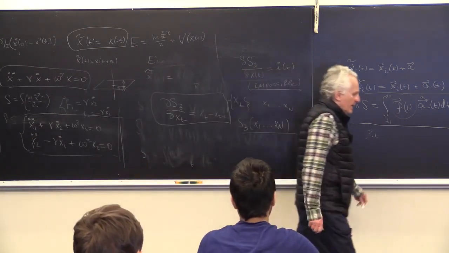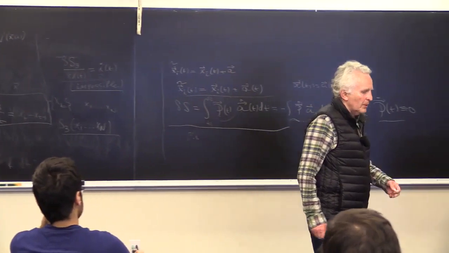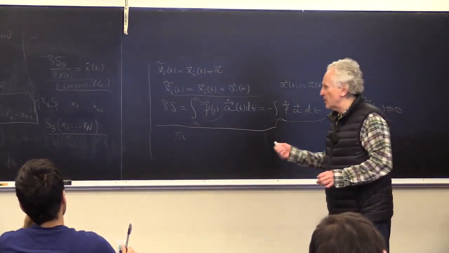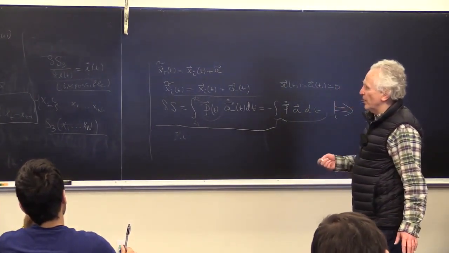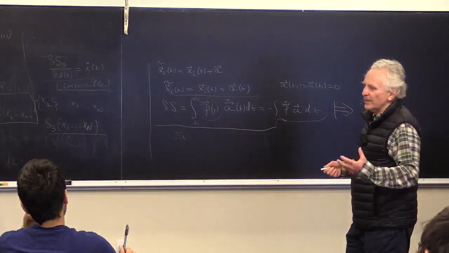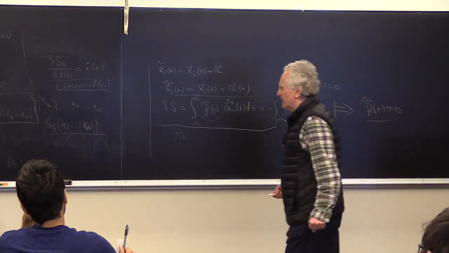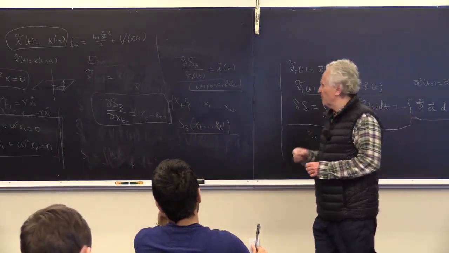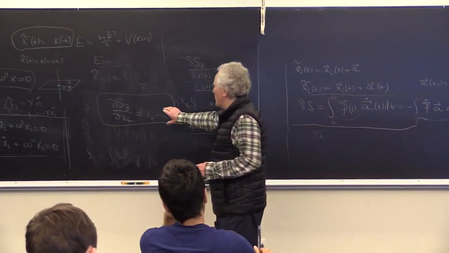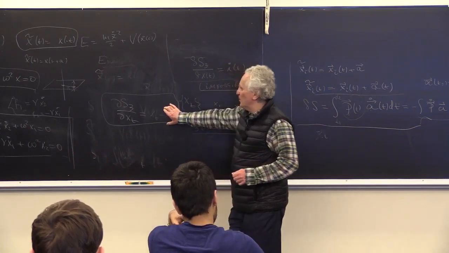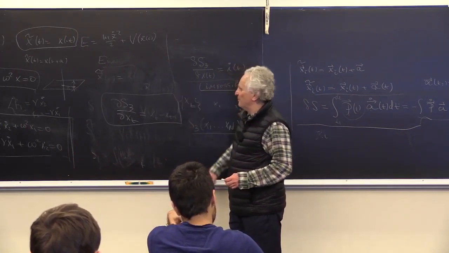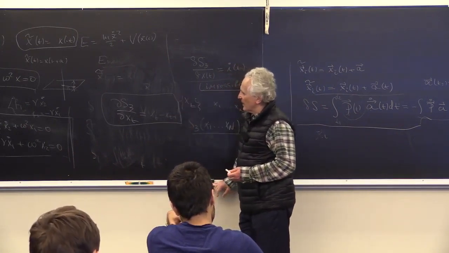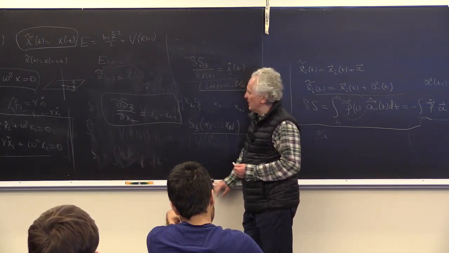Now, what do you think? First of all, is this equation solvable? And secondly, how to in general decide whether it's solvable or not. Without this term, what will be the solution of this equation?